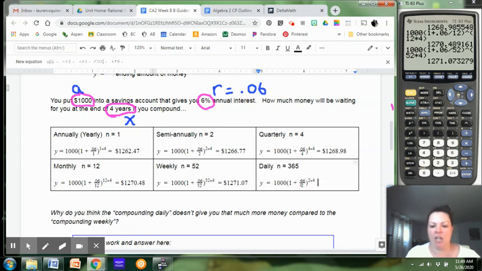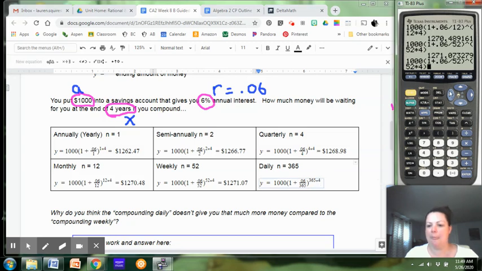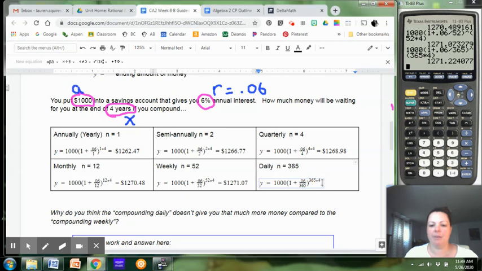So in that case, we're going to change our n value here in the denominator to 365, and up here in the exponent, also change that to 365 times 4 years. We're going to let this run. And we have $1,271.22.